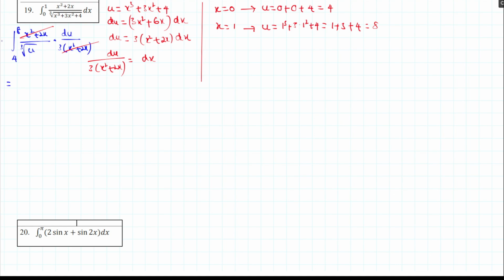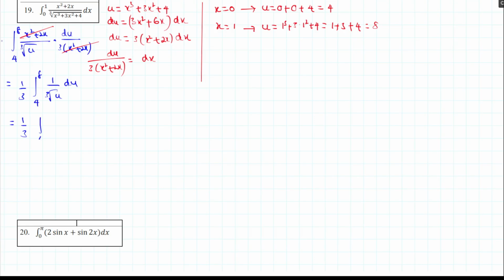So you can factor out the 1/3 and the integral from 4 to 8 of du, so we have 1 over the cube root of u du. Now 1/3, this can be written as a rational exponent and moved to the numerator.